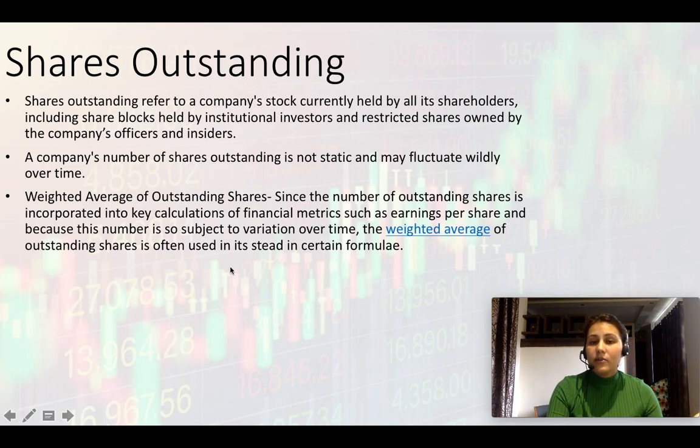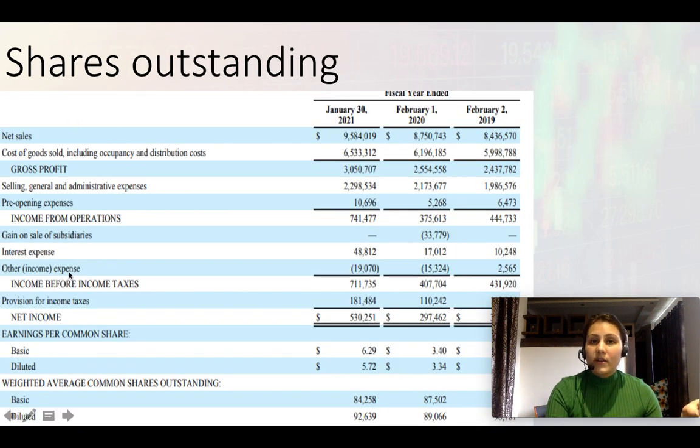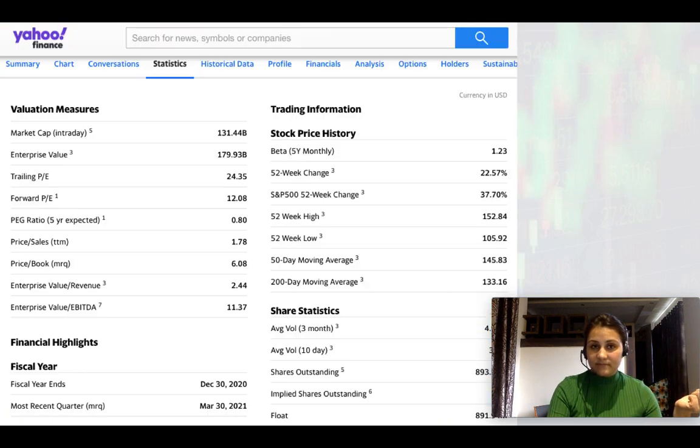So in this scenario they use the weighted average of outstanding shares. For example, I have attached a screenshot here. You will see the company has declared the weighted average common shares outstanding for different time frames. They declared that in February 2020 it was 1887,502, the basic one, and then in January 30, 2021 it was 84,258. So you can understand that it keeps on fluctuating.